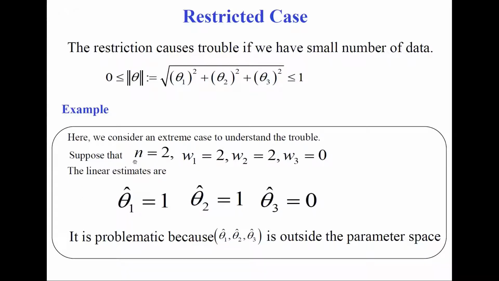Suppose that n equals 2, and we obtain W1 equal to 2, W2 equal to 2, and W3 equal to 0. Then the linear estimates are given by theta hat 1 equal to 1, theta hat 2 equal to 1, theta hat 3 equal to 0.